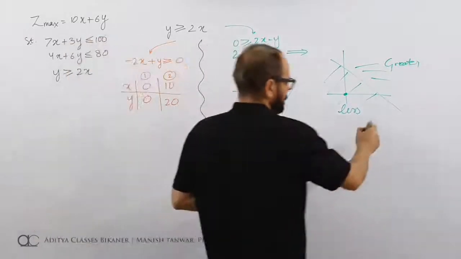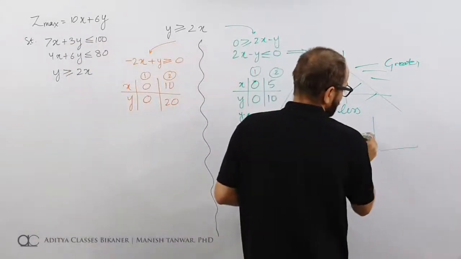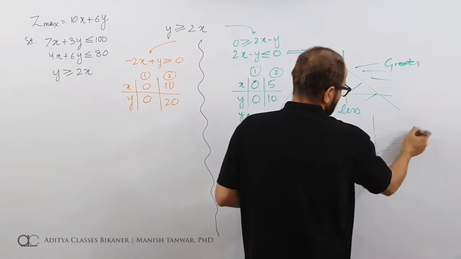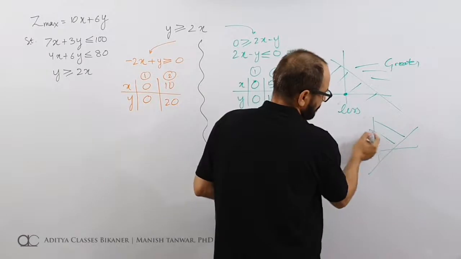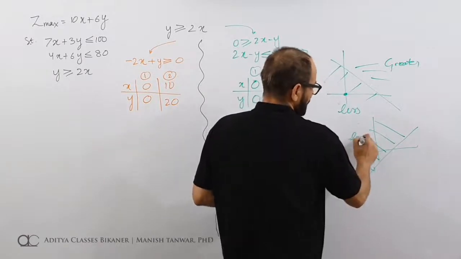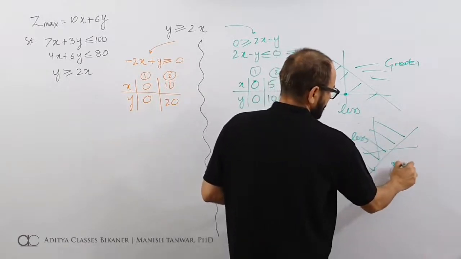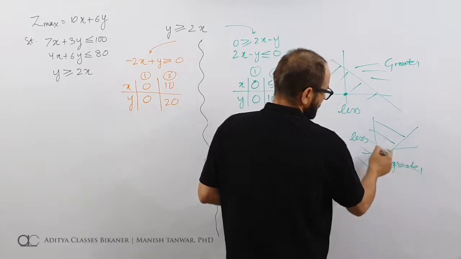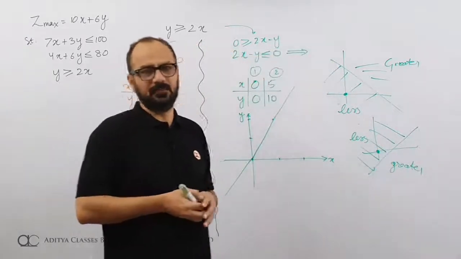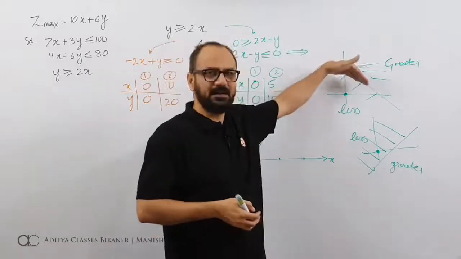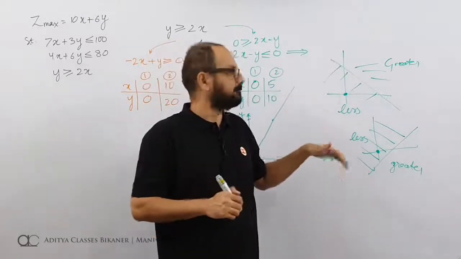If I take some other constraint, some other shape, let's say this one, less than would be all this, and this is greater. Why is this less? Area towards the origin of a line is the less than area.